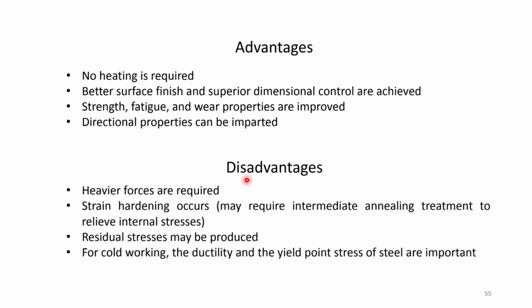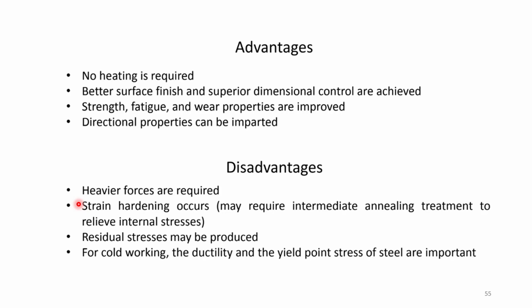The disadvantages: in case of cold working, heavier forces are required. Your material won't be as ductile as in case of hot working, so in cold working you'll require higher forces for getting the same amount of thickness reduction. Strain hardening occurs and it may require intermediate annealing treatment to relieve internal stresses.